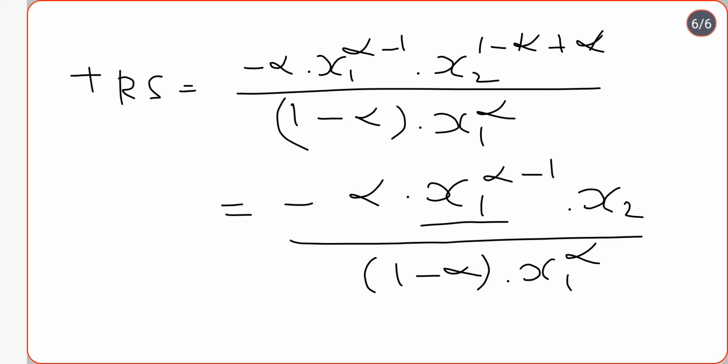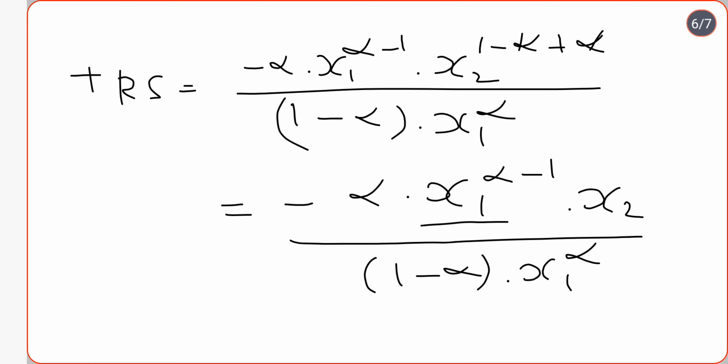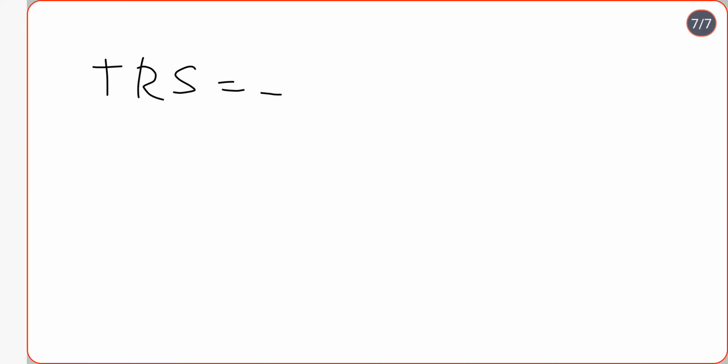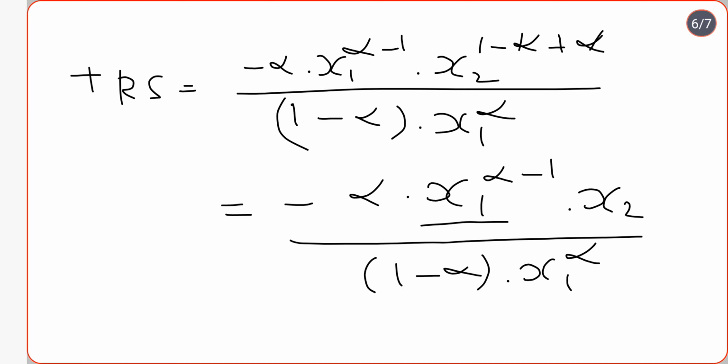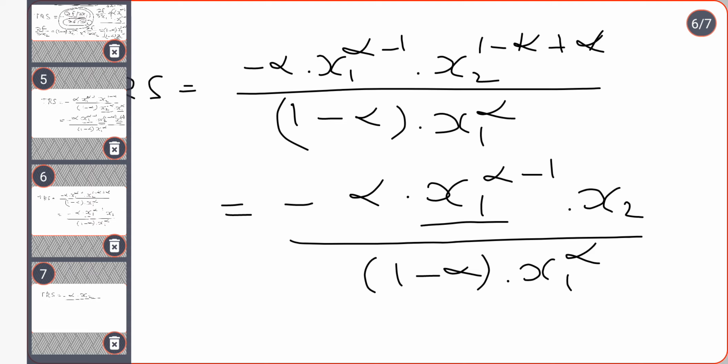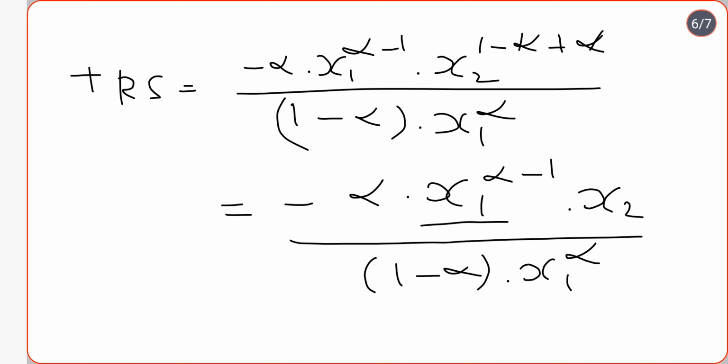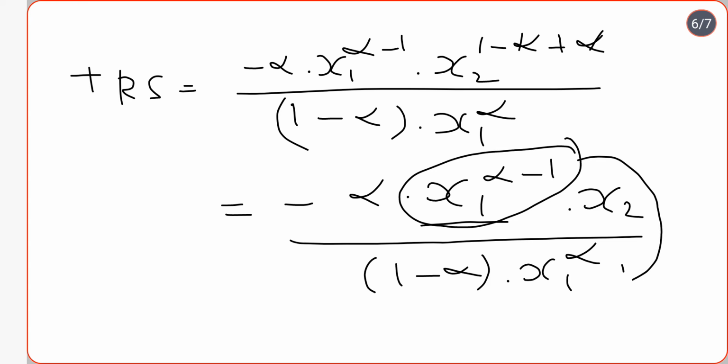So it will now become TRS is equal to minus alpha into x2, and in the denominator part we have 1 minus alpha into x1, that was from the 1 minus alpha into x1 to the power alpha, and we are taking this part of the equation, that is x1 to the power alpha minus 1, into the denominator part.